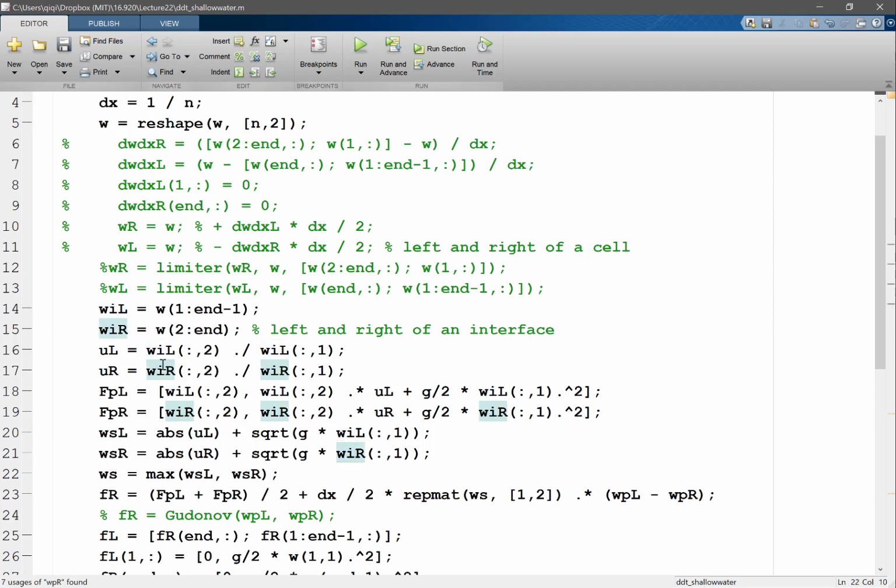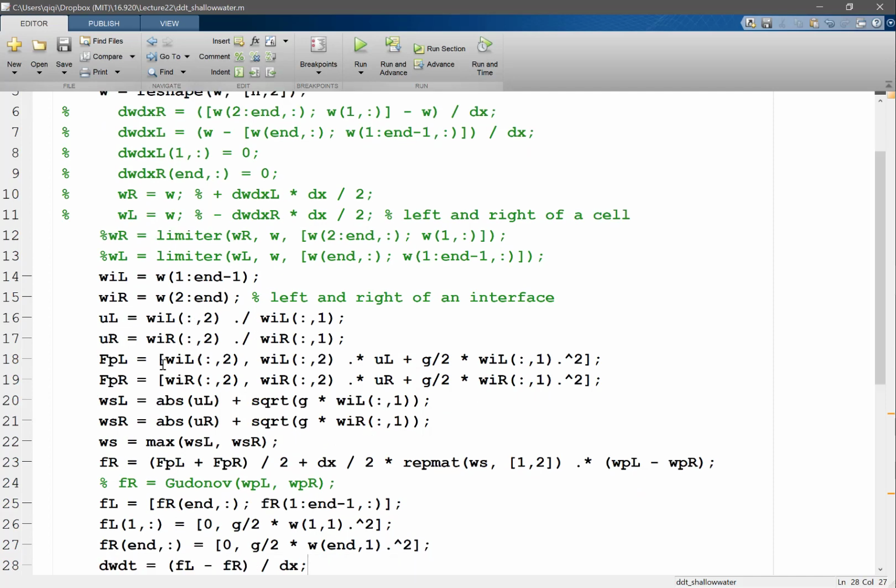And I have a maximum flux averaged out plus the numerical dissipation times this. So instead of FR, I'll just have F interface.